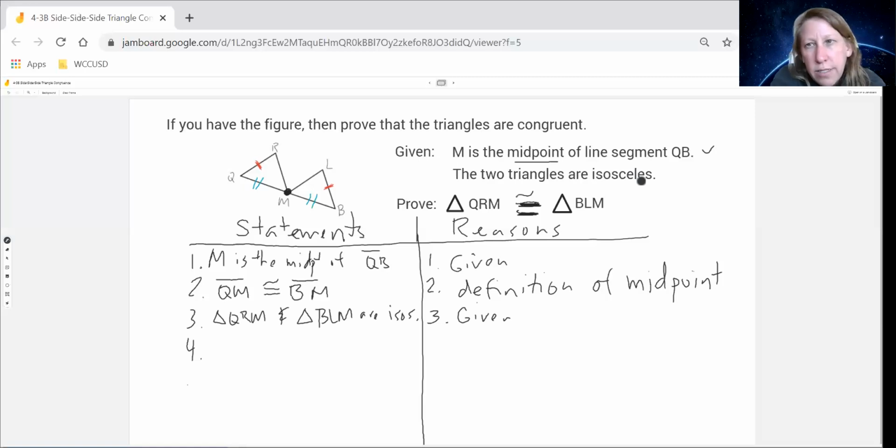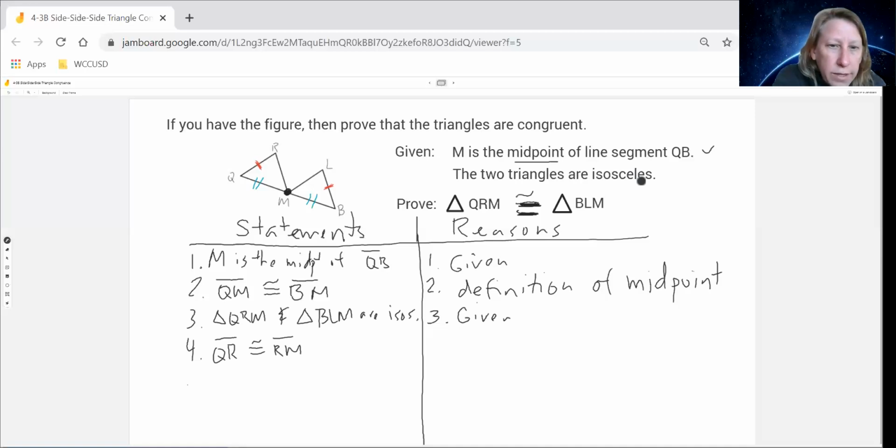If a triangle is isosceles, what does that mean? I could go look up the definition of isosceles, and the definition says that 2 of the sides are congruent. So I'm going to say that line segment QR is congruent to line segment RM.